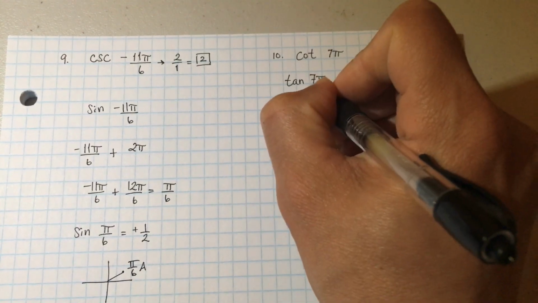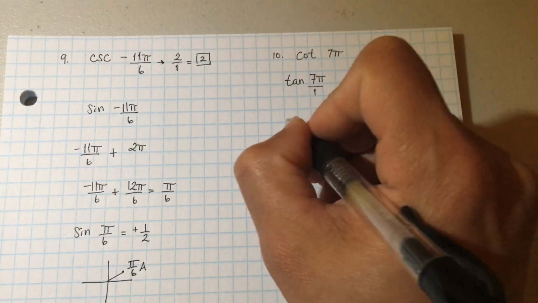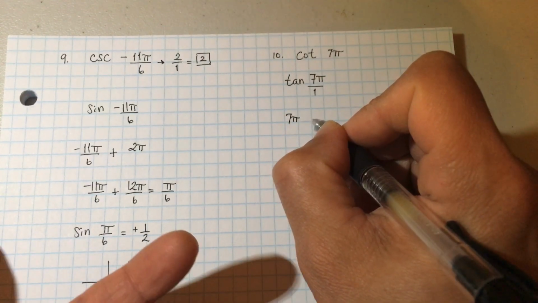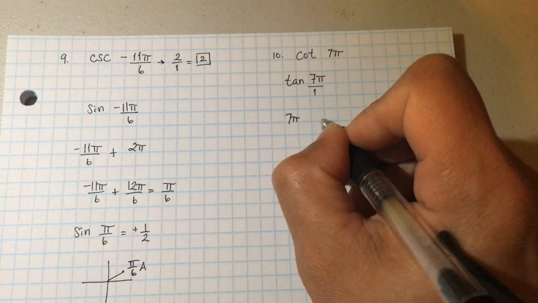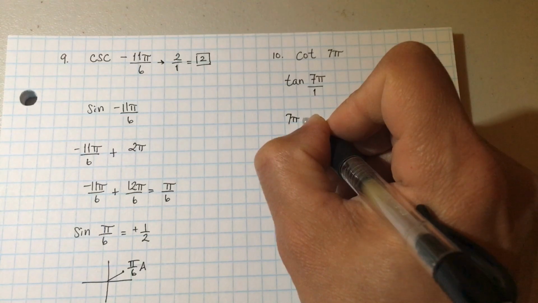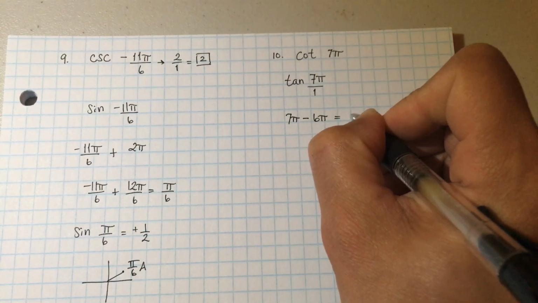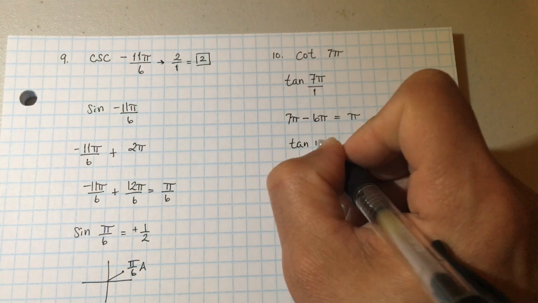Put a 1 on the right. So we're going to subtract, right? We're going to bring it back. But if I subtract 7, that's just going to give me 0 pi. That doesn't make any sense. So we're going to do 1 before. We're going to do 6. And that's going to give me pi. So we're going to actually find tangent of pi.